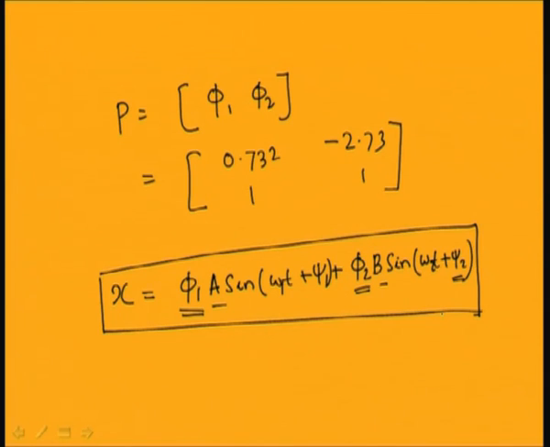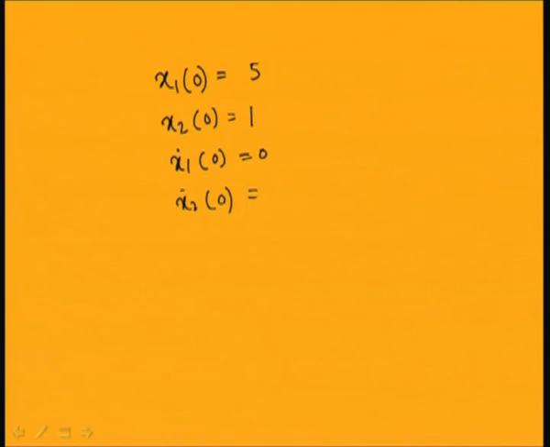So, let us take the same problem, and let me assume x1(0) equal to 5 and x2(0) equal to 1, and the velocity terms x1 dot(0) equal to 0 and x2 dot(0) equal to 0.